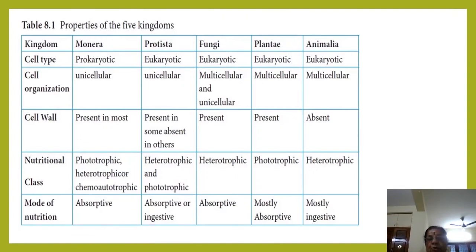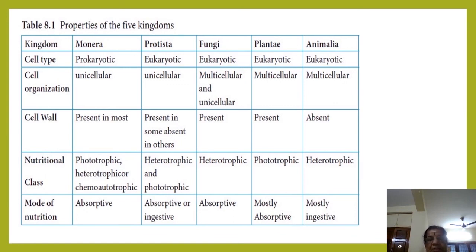Kingdom: Monera, Protista, Fungi, Plantae, Animalia. The characters are: cell type, whether they are prokaryotes or eukaryotes, and then cell organization, whether they are unicellular or multicellular. And the cell wall, whether it is present or absent.